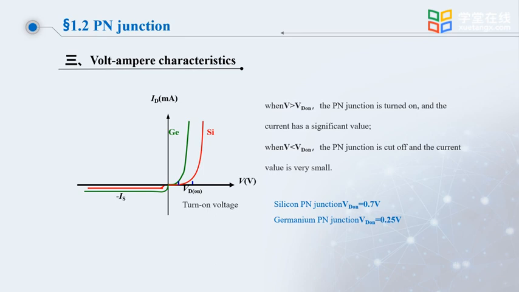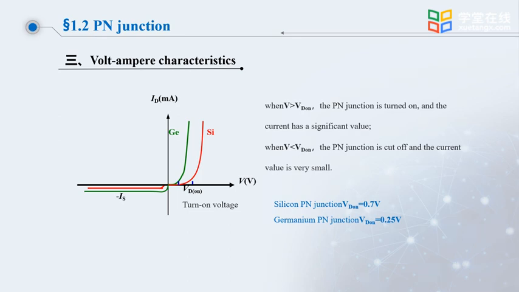When V is greater than VD on, VD on is actually the built-in potential difference VB we talked about before. VD on is used here to refer to the turn-on voltage of a diode or PN junction. When the applied voltage V is greater than this turn-on voltage, the built-in potential difference is overcome, and the current obviously has a value.